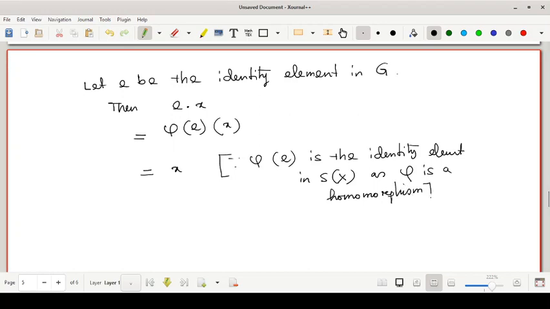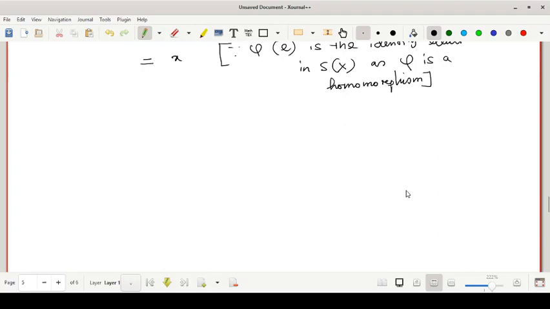Okay, so we are done. Both the conditions are satisfied. Therefore, G acts on X. So this result clearly tells us the story.